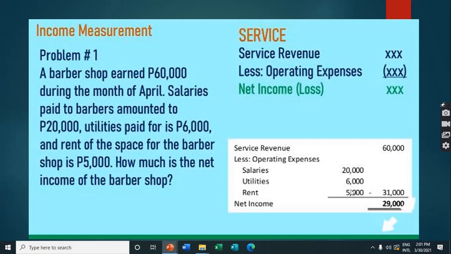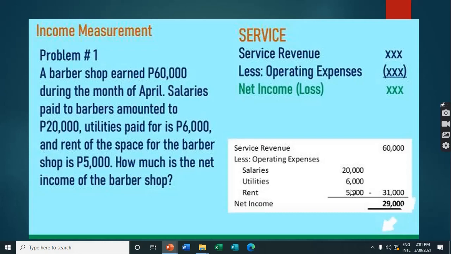Ayan. Salaries paid to the barbers. Yeah, take note of that. Salaries paid to the barbers amounted to 20,000. Utilities paid for is 6,000. And rent of the space for the barber shop is 5,000. So, magkano yung net income ng barber shop na yon, which is a service business.